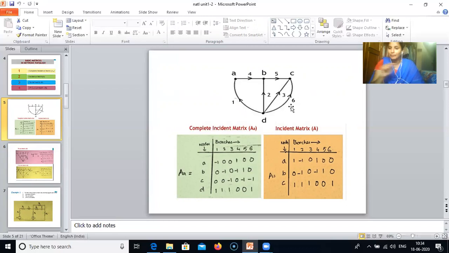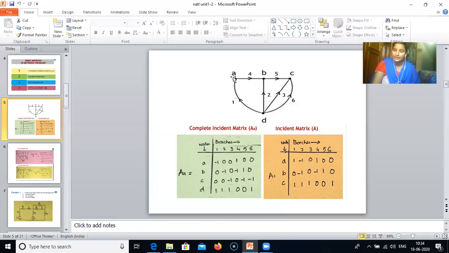N is the number of rows, and B is the number of columns. So here, in the rows I am writing A, B, C, D, and in the columns I am writing 1 to 6.